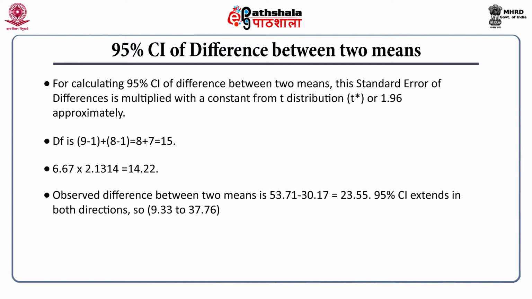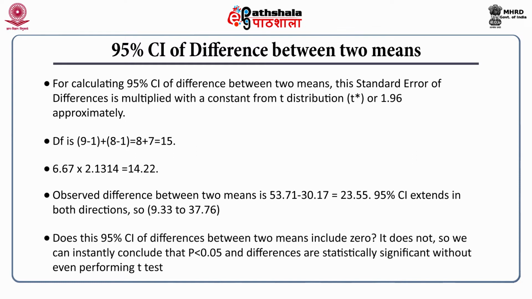So the difference in the means of these two groups is 23.55. If you express that with a 95% CI, it extends in both directions: 23.55 minus 14.22 and 23.55 plus 14.22, which would be 9.33 to 37.76.